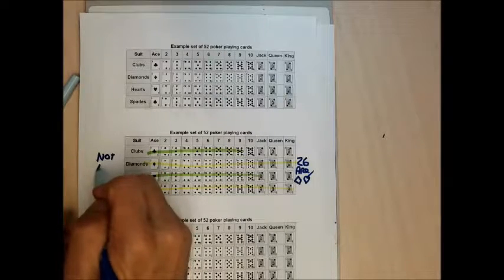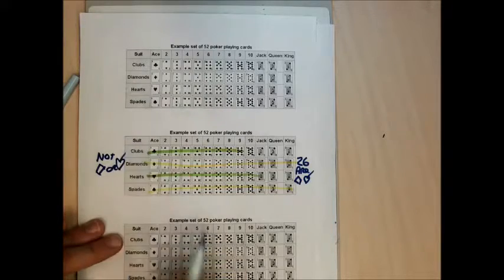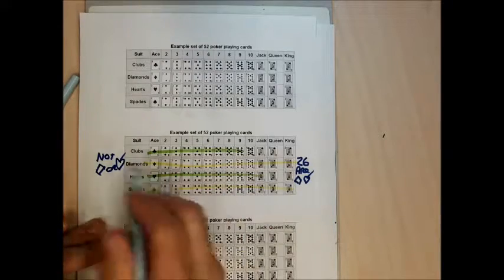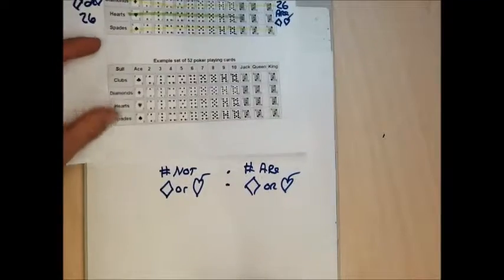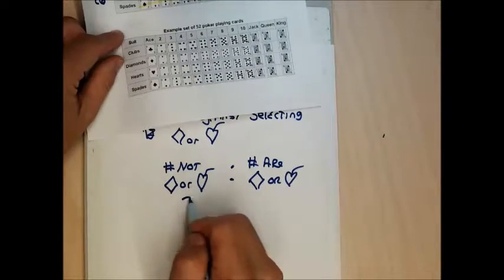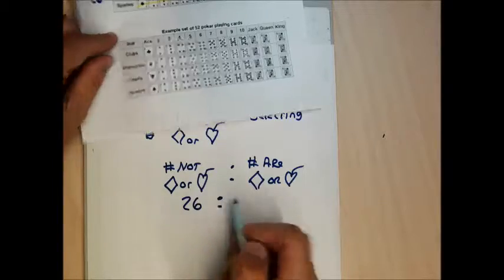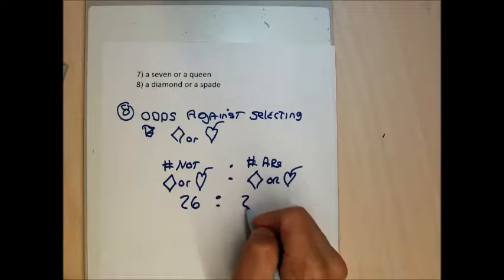And for the not diamonds or spades, there's the 13 clubs and the 13 hearts, and there's 26. So for each of my numbers, they're going to be 26. The first number, I want the number that are not diamonds or spades, and that's going to be 26. And then my colon, and then the second is going to be my number of diamonds and spades, which is going to be 26 again.